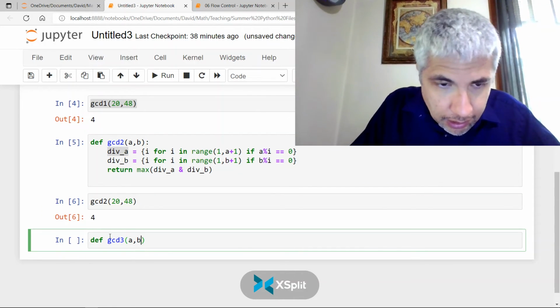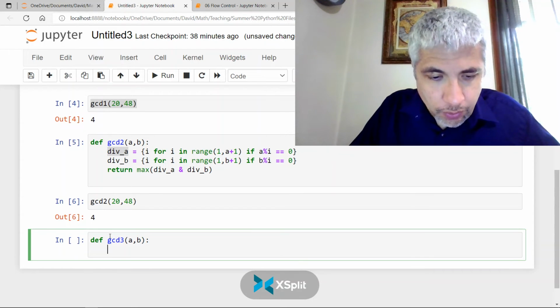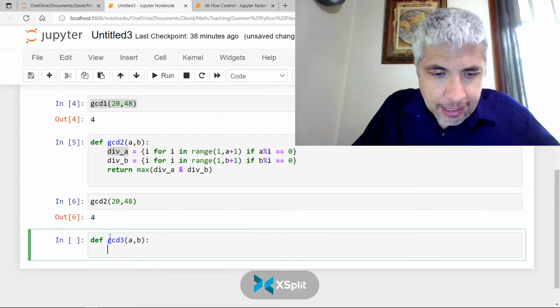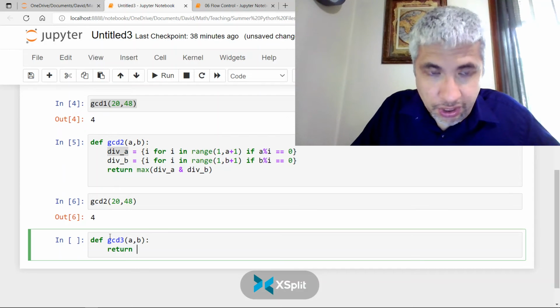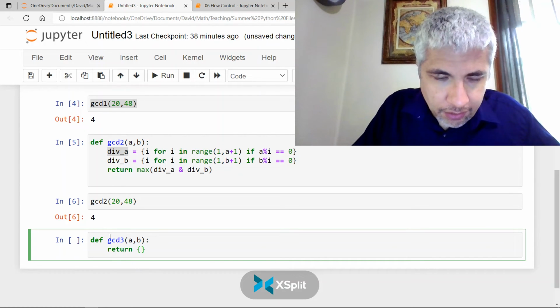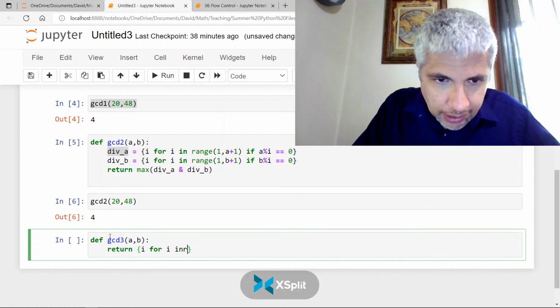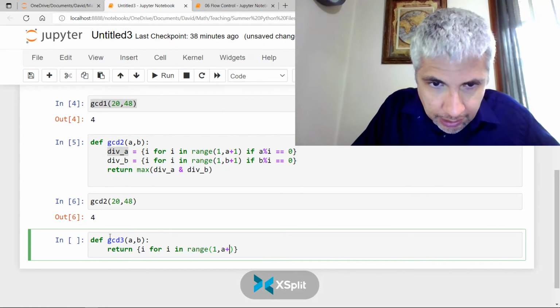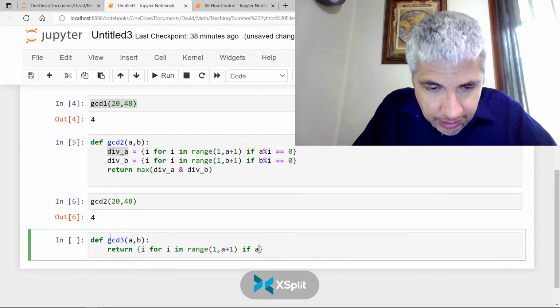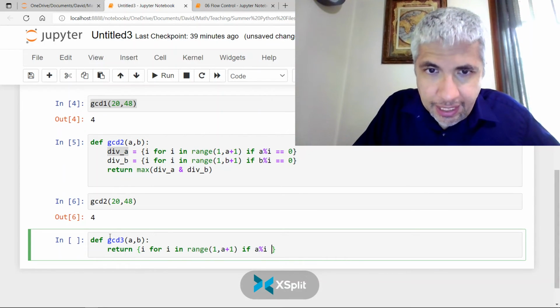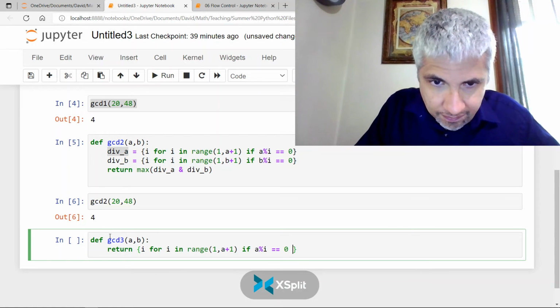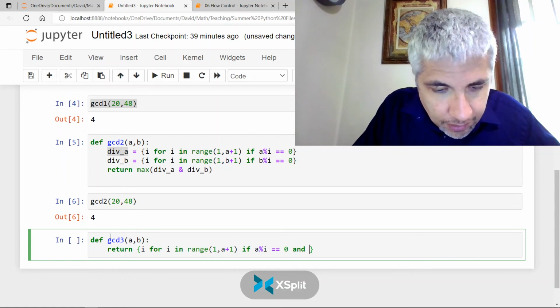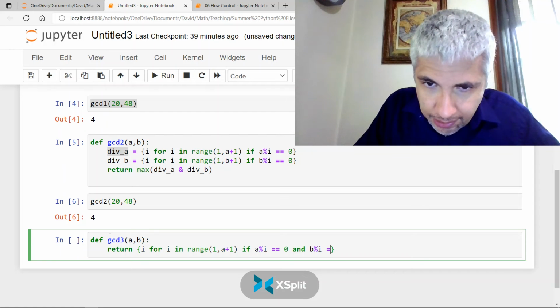GCD3, A and B. So what I want is, let's say, I'm just going to start with a return here. So I'm going to take the set of all I for I in range 1 to A plus 1 if it divides A and B, B mod I equals 0.